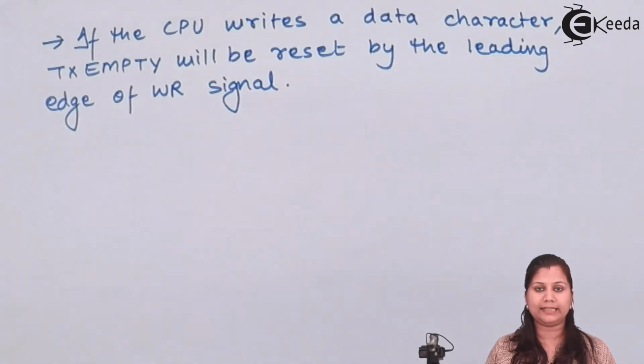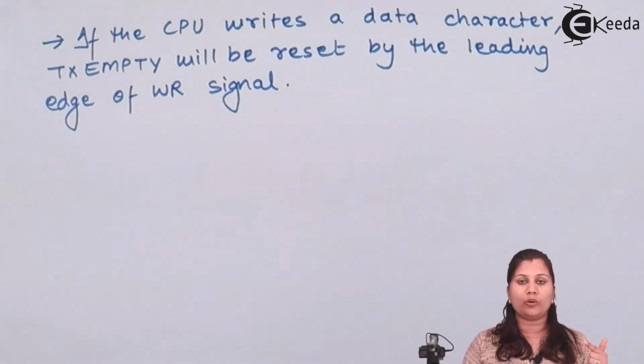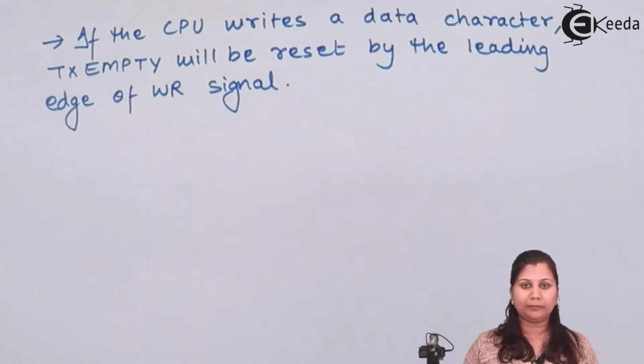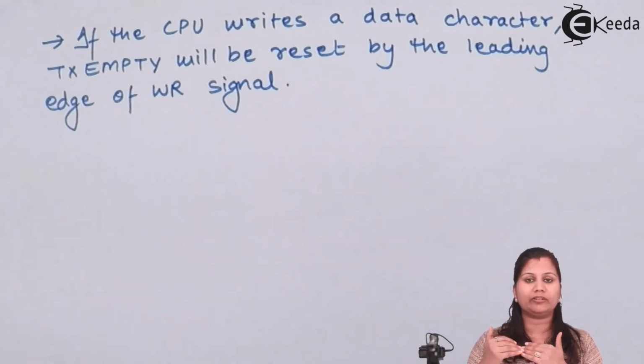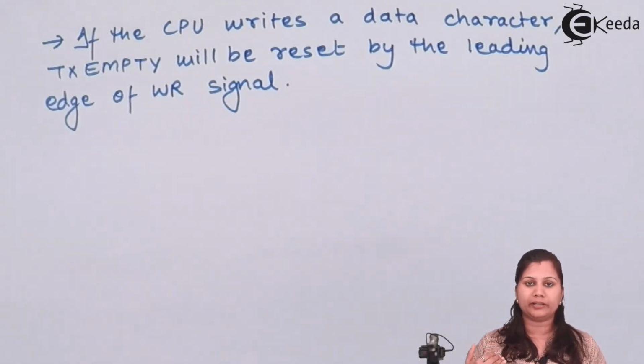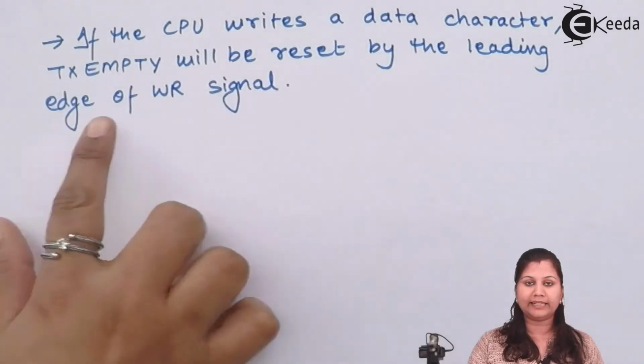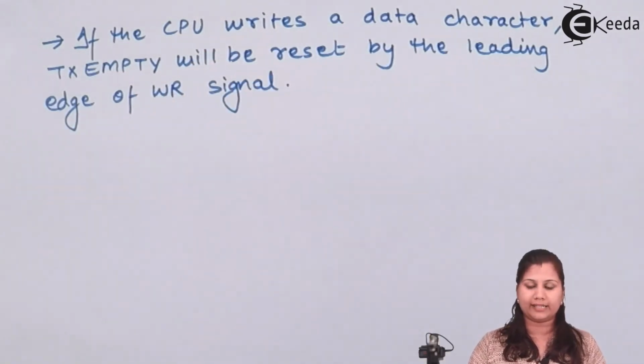So this signal TX empty will be high when the transmitter is empty, but when the microprocessor writes the data into the transmitter, then this TX empty signal will be at low level. It will be reset by the leading edge of the write signal.